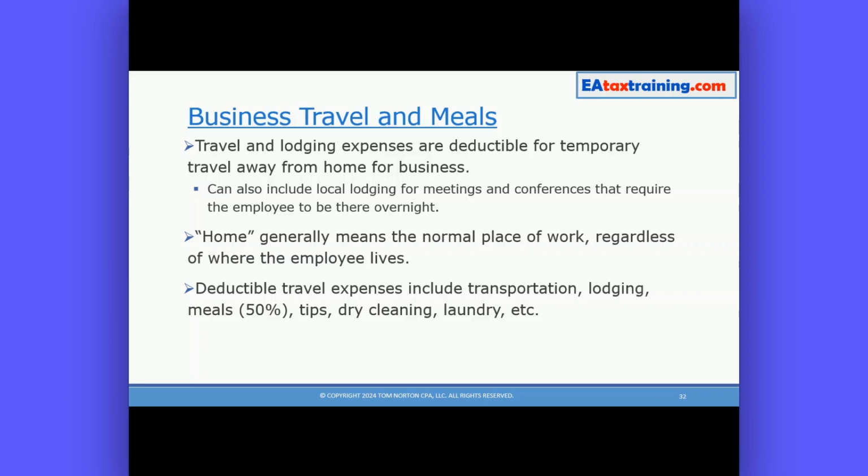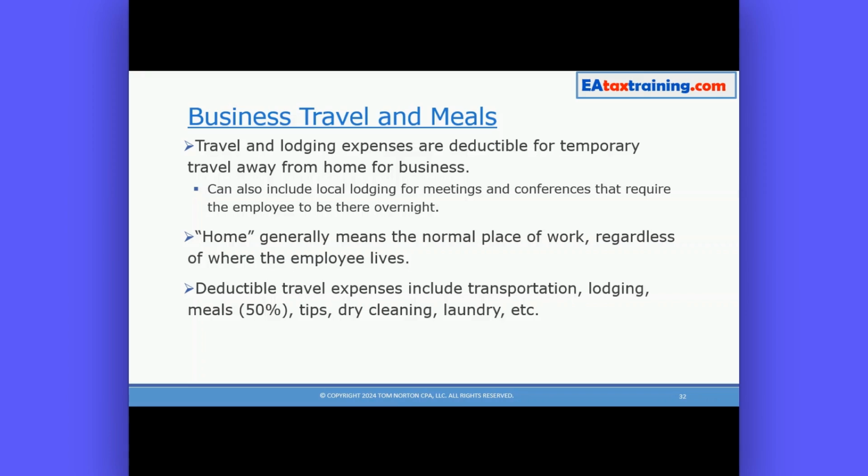When we talk about your home, we mean your normal place of work, regardless of where the employee lives. But usually people are living and working in the same place, but they might drive a while. They might have a pretty good commute in order to get to work. So the home here means your normal place of work.